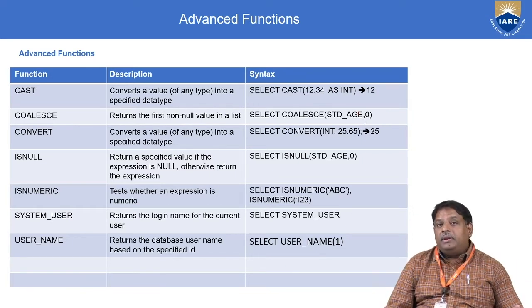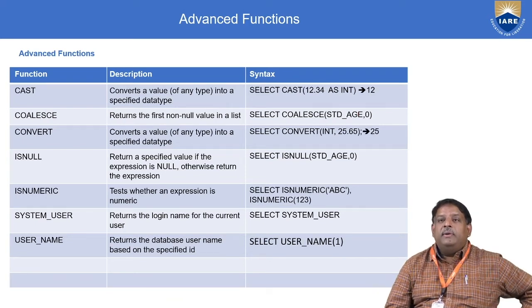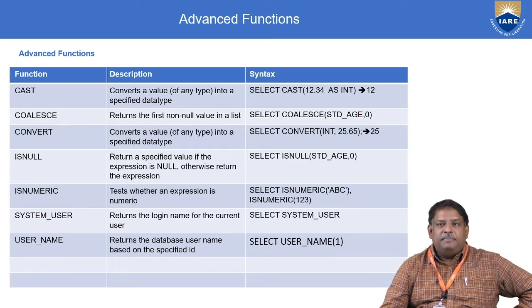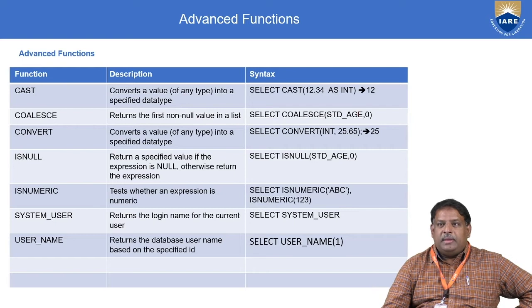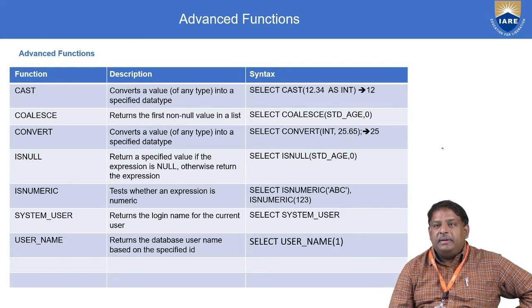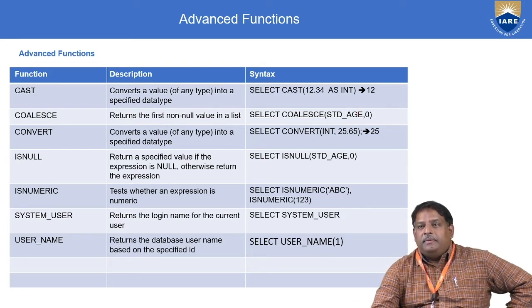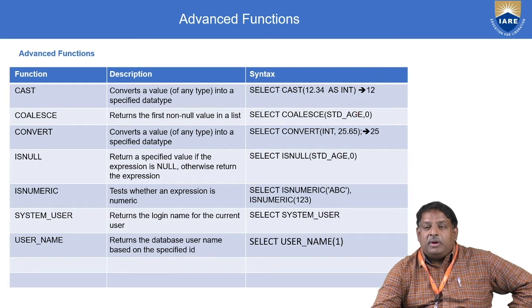Convert. We have seen cast earlier. Now we are seeing a similar function, which is convert. It converts a value into a specified data type. Cast also does the same thing, but convert also does the same thing. Here, convert will have you give the data type first. Select convert integer of 25.65: you're trying to convert 25.65, a numerical value, into an integer, and it will give 25.